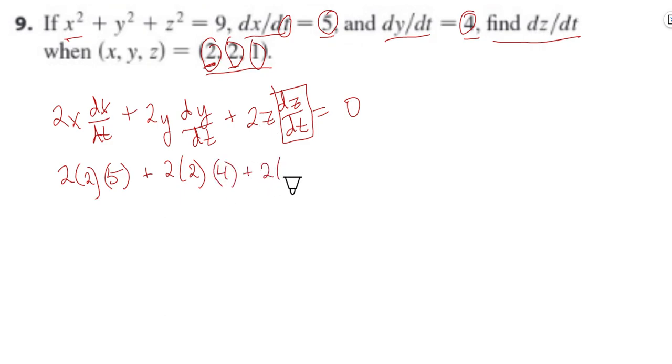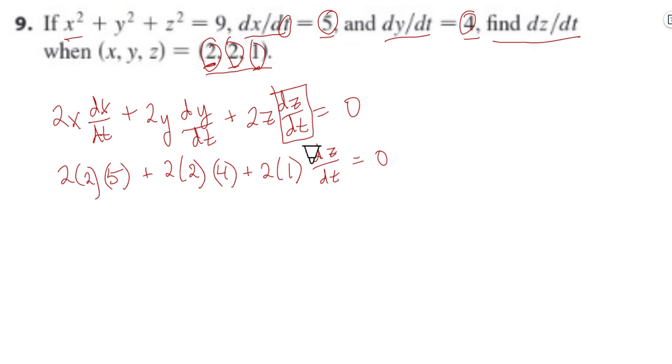And then we've got 2, and they give us z. z is 1, so we plug that in. They don't give us dz/dt, that's what we're trying to find. That all equals 0. And again, we'll do the arithmetic, move all the numbers over to the other side, and then divide by the number in front of dz/dt.